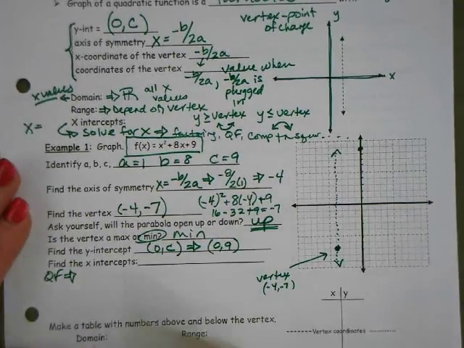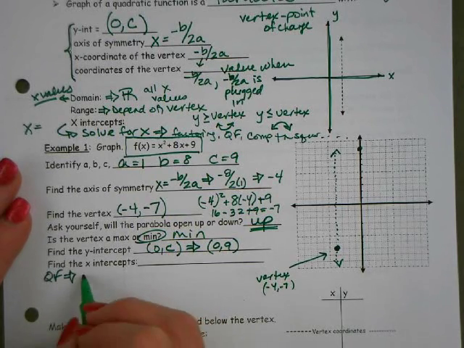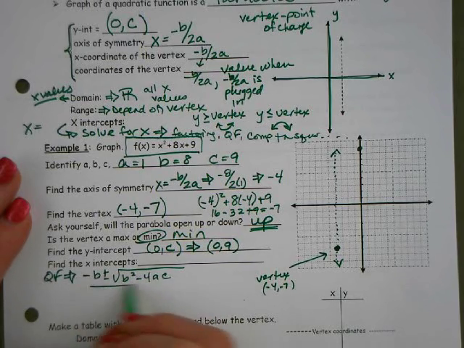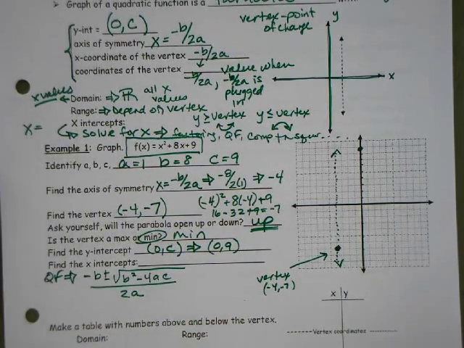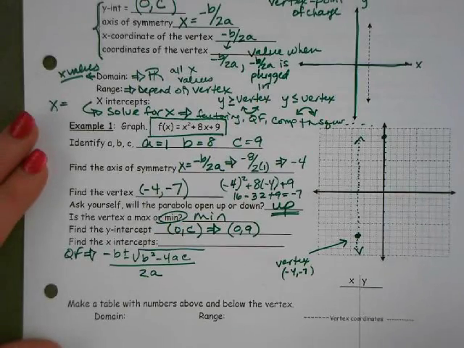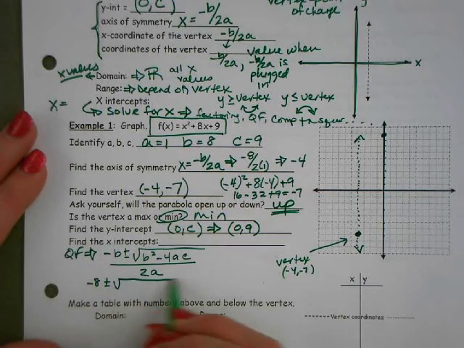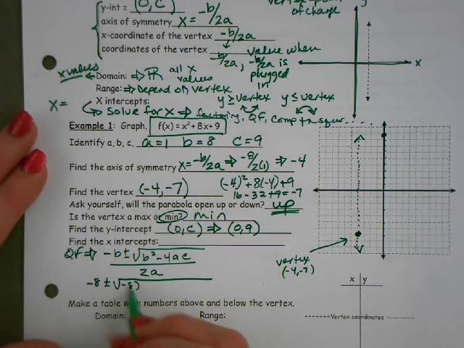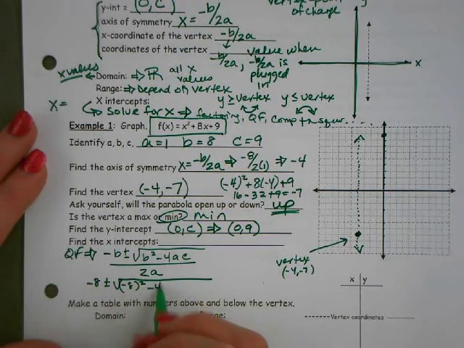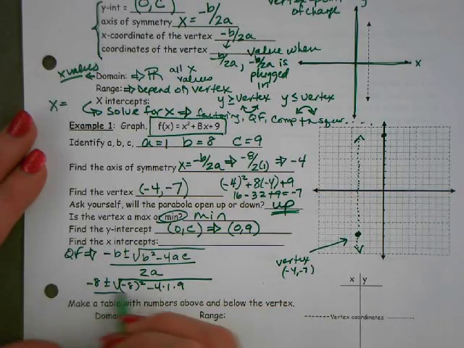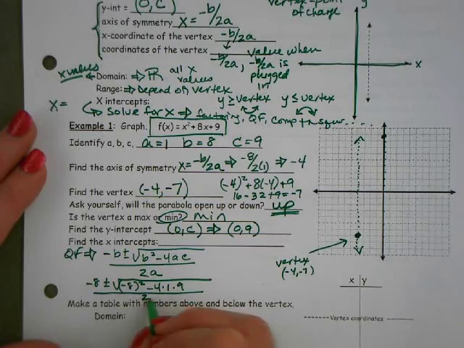It would be, again, negative b plus or minus the square root of b squared minus 4ac, all over 2a. So that would be negative 8 plus or minus the square root of negative 8 squared minus 4 times 1 times 9, all over 2.